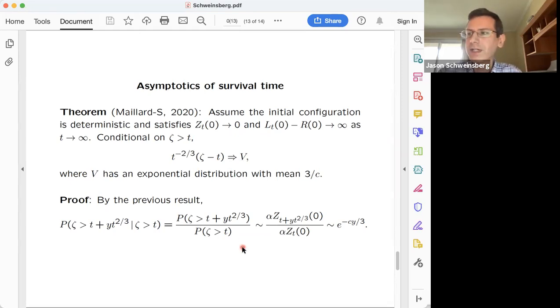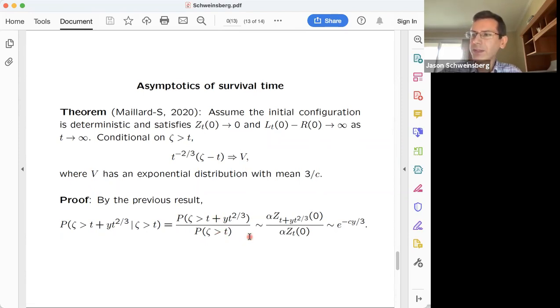And the proof is simple enough that I chose to sketch it here. Let's find the probability of survival until time t plus y times t to the 2/3, conditional on survival until time t. So we can write this conditional probability as the ratio of these two probabilities.